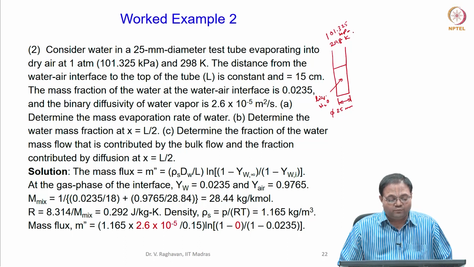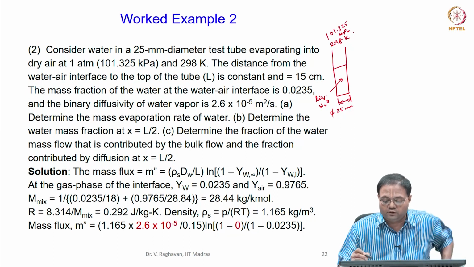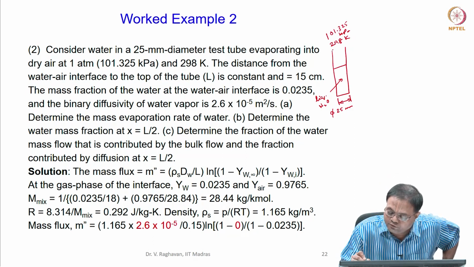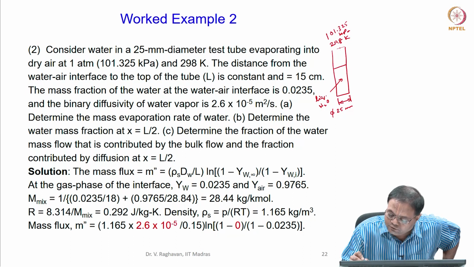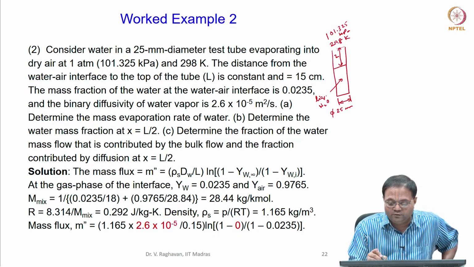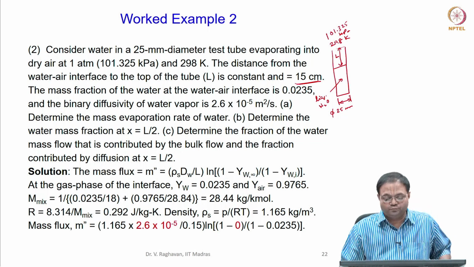The distance from the water-air interface to the top of the tube, that is L, is constant, equal to 15 centimeters. So, this is the top of the tube. From this interface to this, which is L. So, L is given as 15 centimeters.